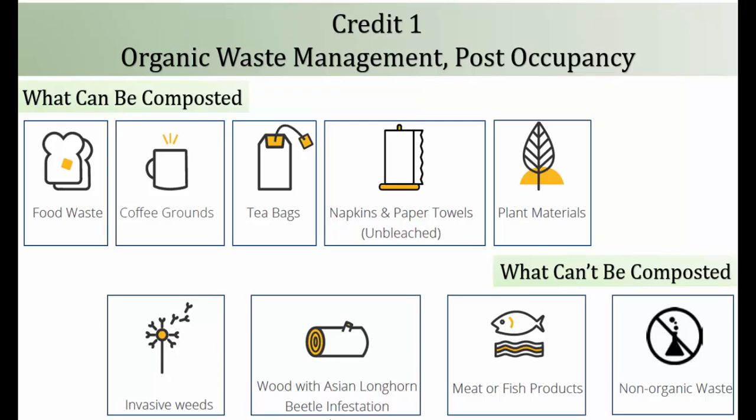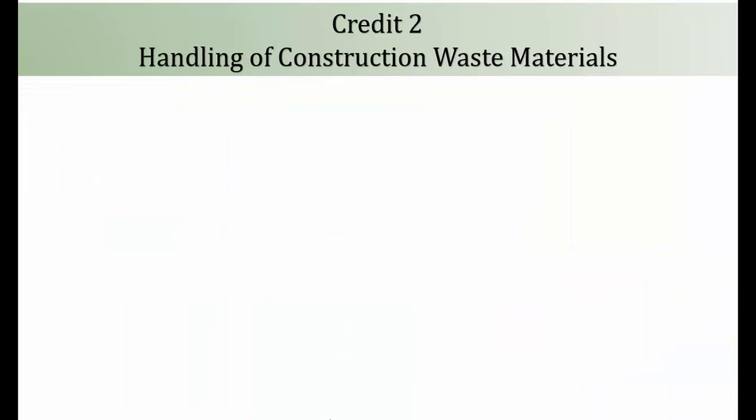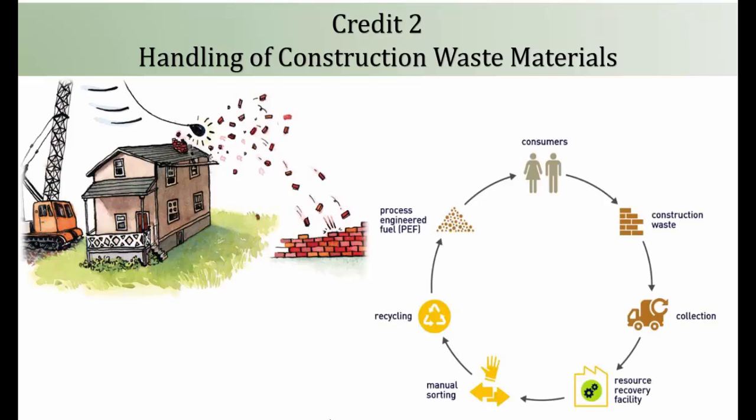Second credit is handling of construction waste materials. Construction and demolition works generate huge quantities of waste. This credit is to encourage practices to manage construction waste, thereby avoiding waste being sent to landfills. To comply with this credit requirement, the project team should minimize the waste being sent to landfills.